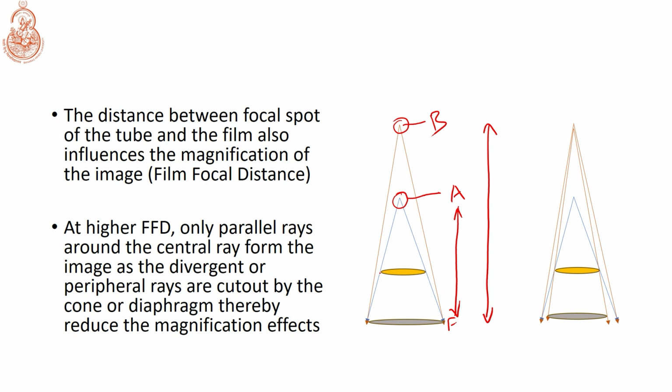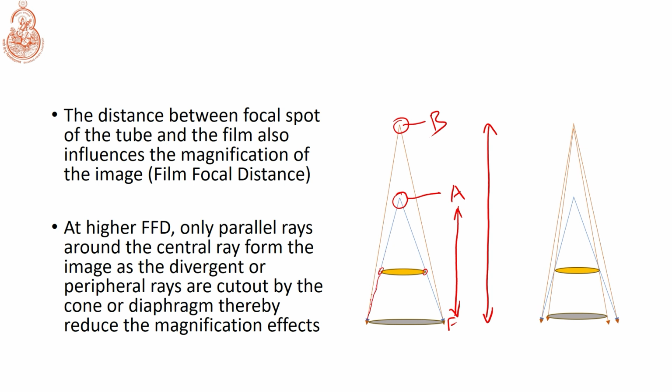less. When film focal distance is less, this is the portion where the patient or the part is kept. The X-ray photons are going to pass in this direction, and we are going to get an image on the film, something like this, which is enlarged.